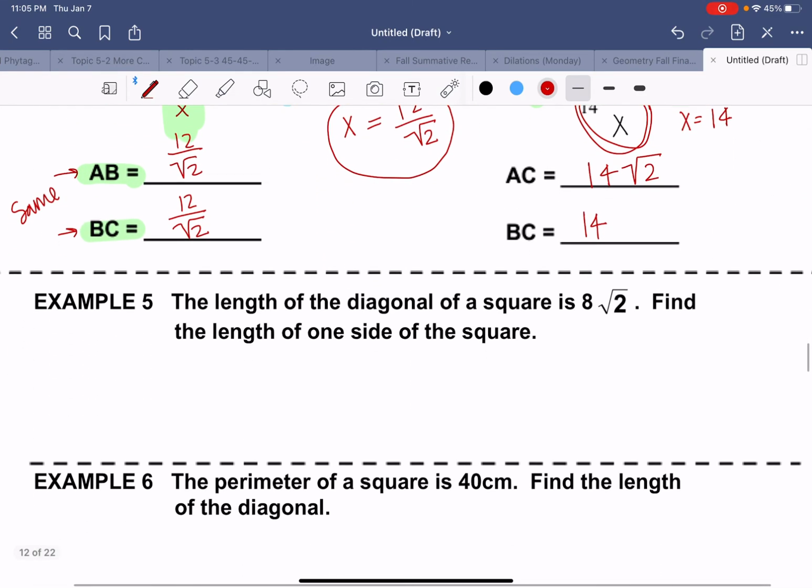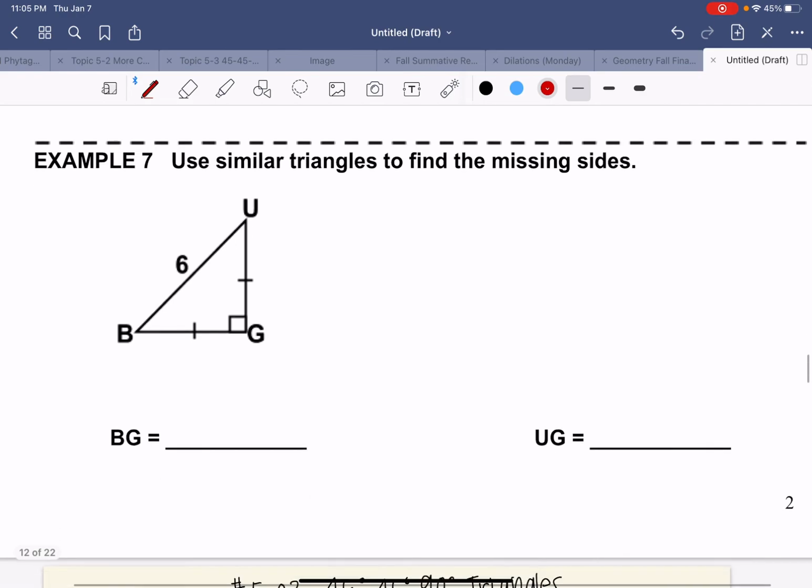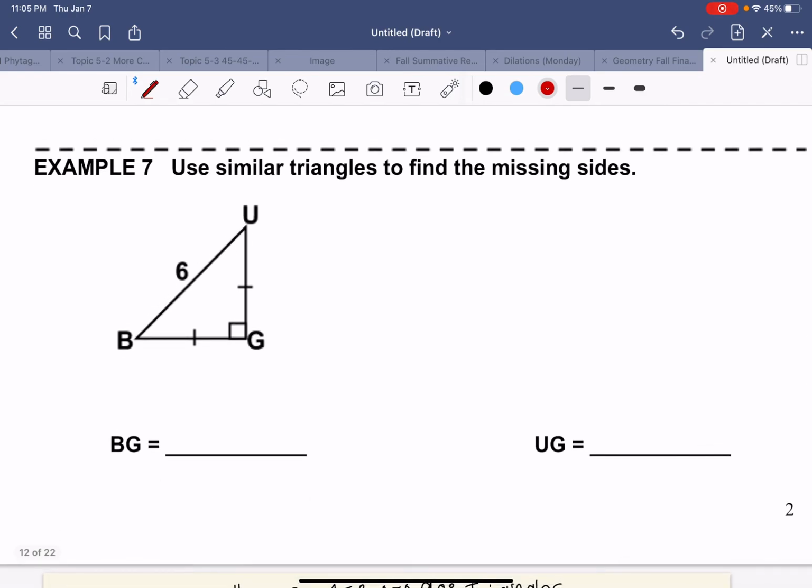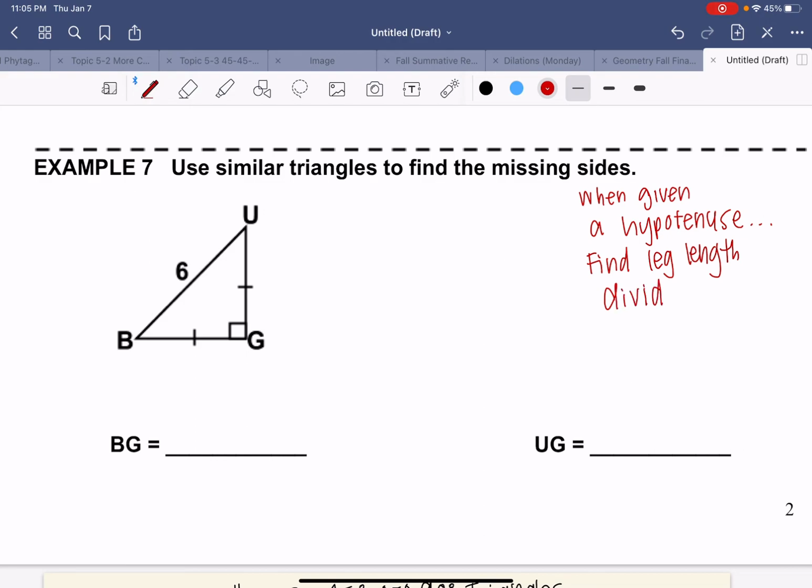So when given a hypotenuse, in order to find the legs, divide by the square root of 2.